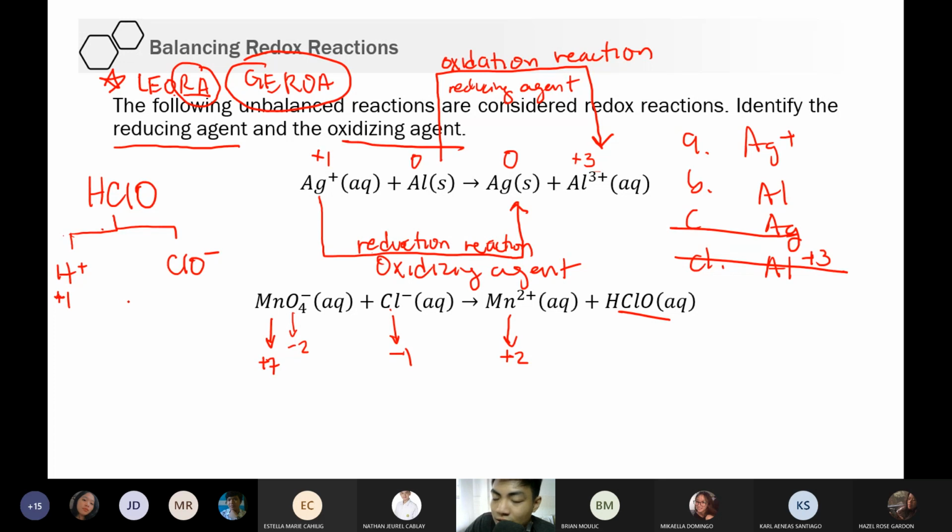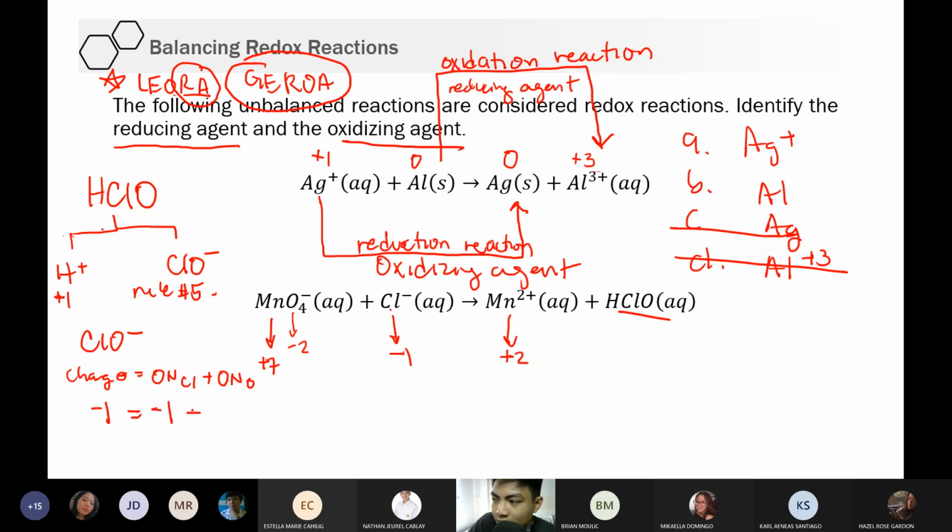Okay, so for the ClO, you can use rule number 5. So, charge negative 1, okay, charge equals oxidation number of chlorine plus oxidation number of oxygen. So, negative 1, chlorine, alam mo, negative 1 yan.